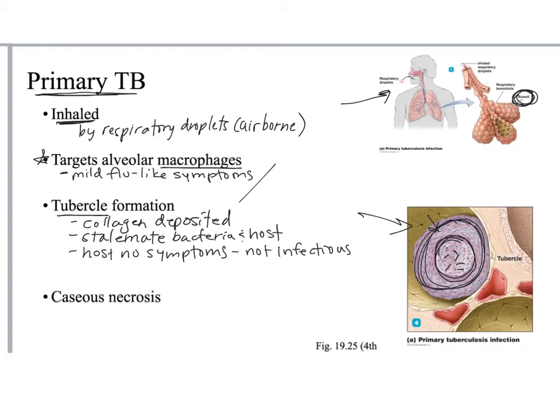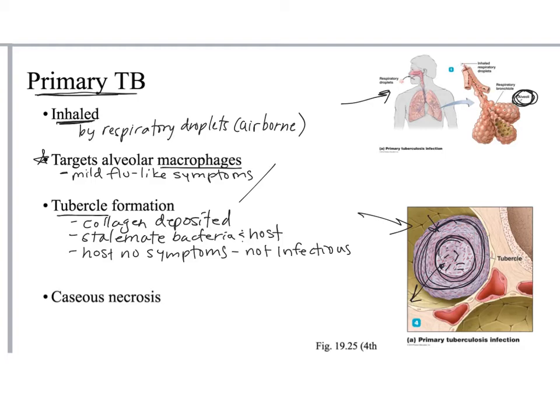And at some point later on in time, usually if the host gets sick with something else, maybe cancer, maybe HIV, could be anything, then that can trigger these cells that are alive in the center here to break out of that tubercle.